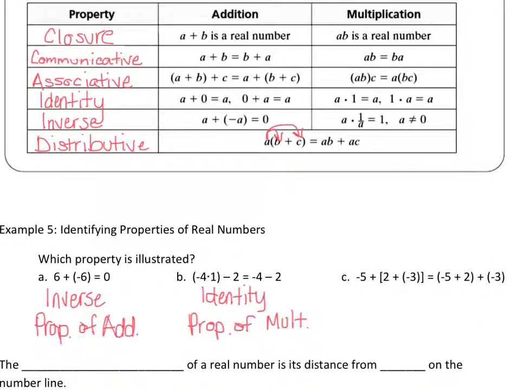Okay, which property did we say went with grouping? That's associative. Okay, we see lots of parentheses, lots of brackets. Everything's in the same order. It's just associative, of addition. Very good. Associative prop. of addition.